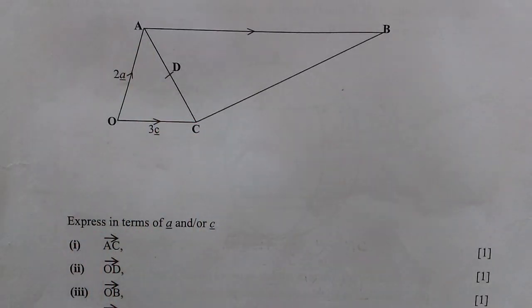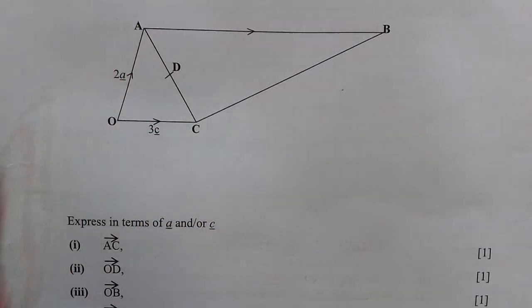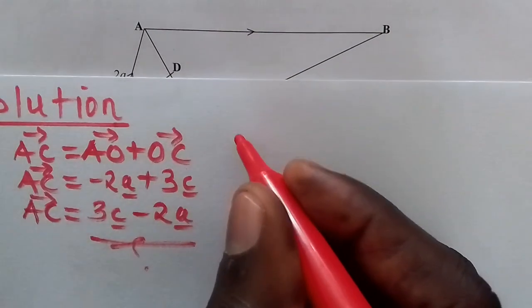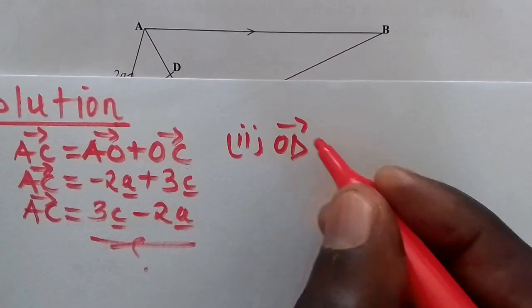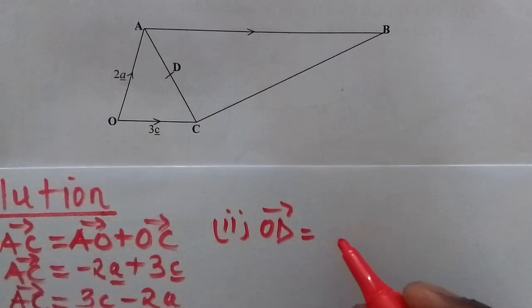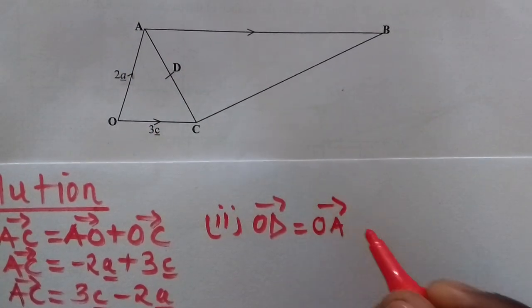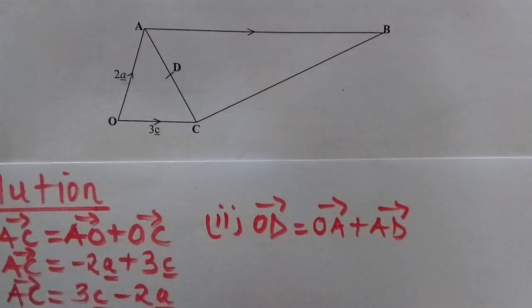So, to get vector OD, we'll take the route that we talked about in the first place. We said that we are going to take the vector OA and AD. So this will give us the following. Roman numeral 2, OD vector is equal to OA vector plus AD vector.